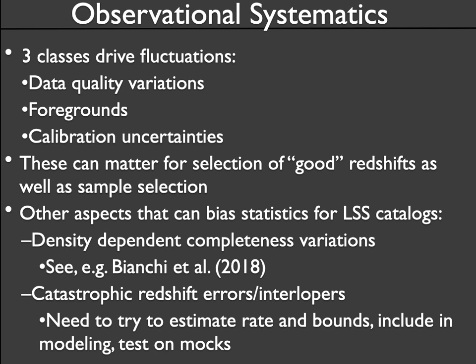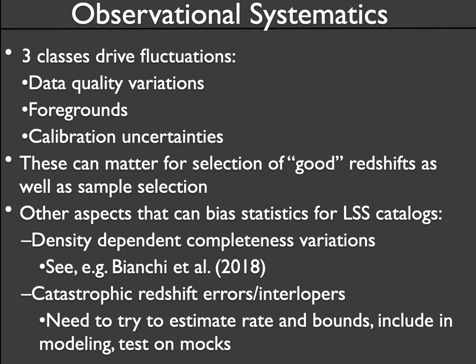In space, we're worried about interlopers, not knowing actually which emission line we're actually looking at, and therefore having the wrong redshift for an actual galaxy. And those will bias the clustering that we measure.